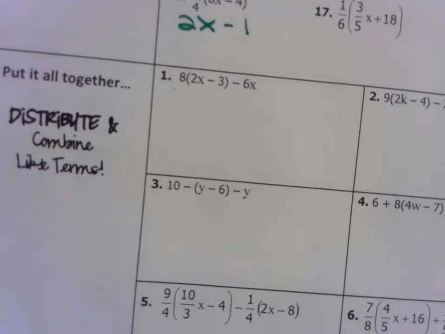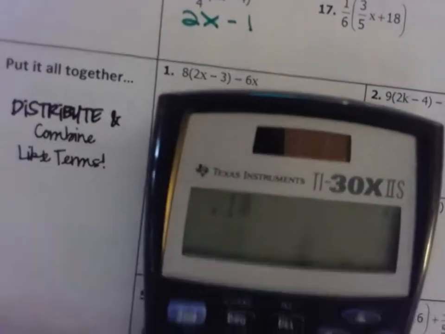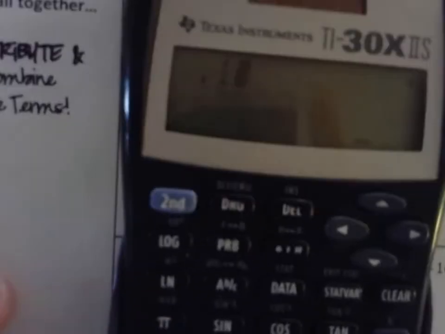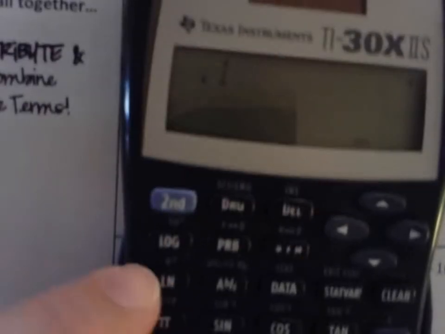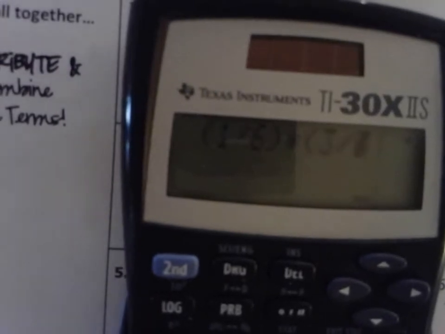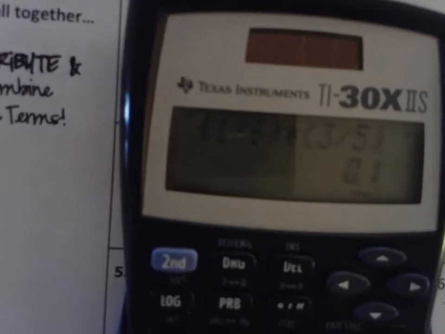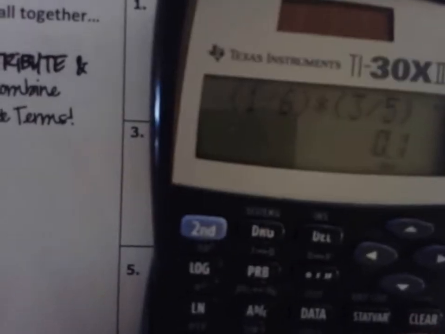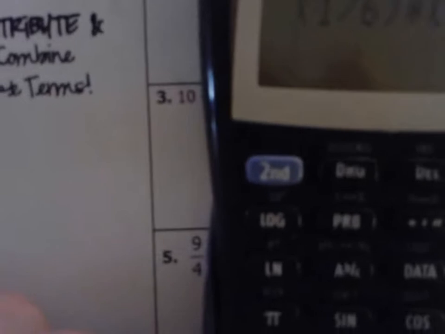If you do it like this, 1/6 times 3/5, and I got 0.1. I want it written as a fraction always. This is how you get a decimal to a fraction right here.